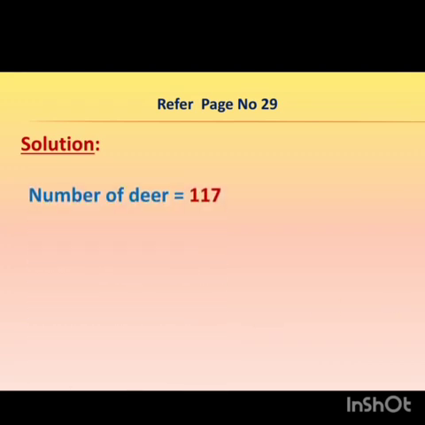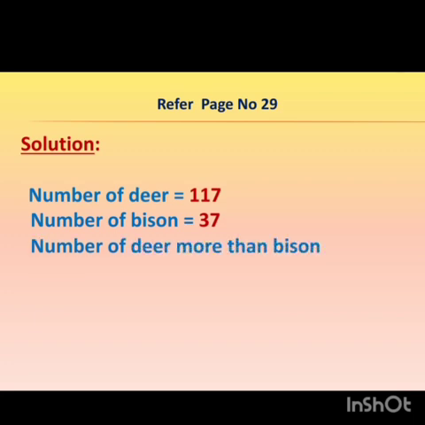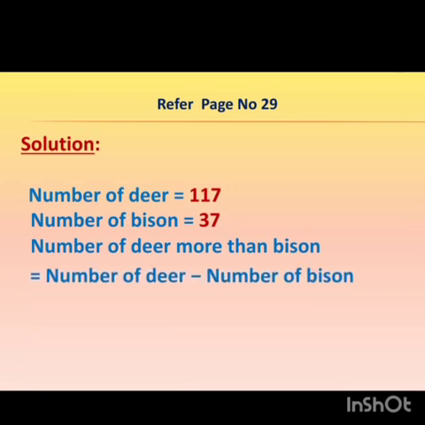Number of deer is equal to 117. Number of bison is equal to 37. So here you can see that the number of deer is more than that of bison. Now the number of deer more than bison is equal to the number of deer minus the number of bison.